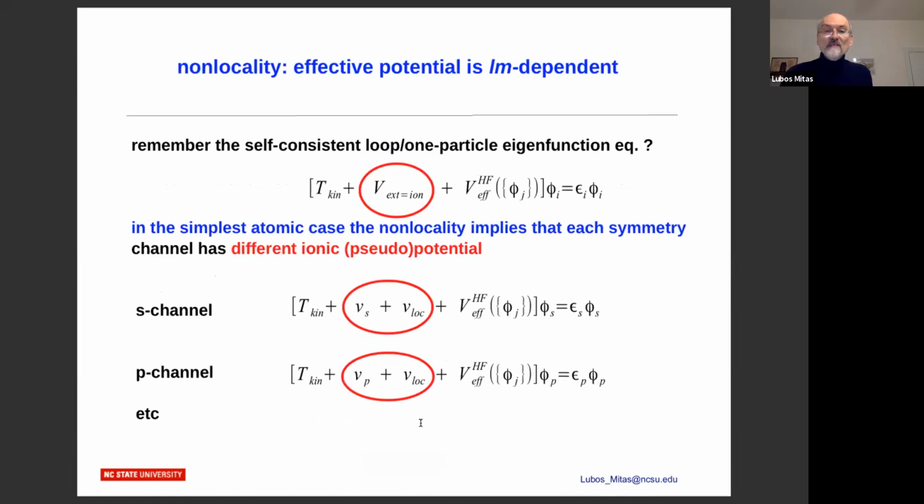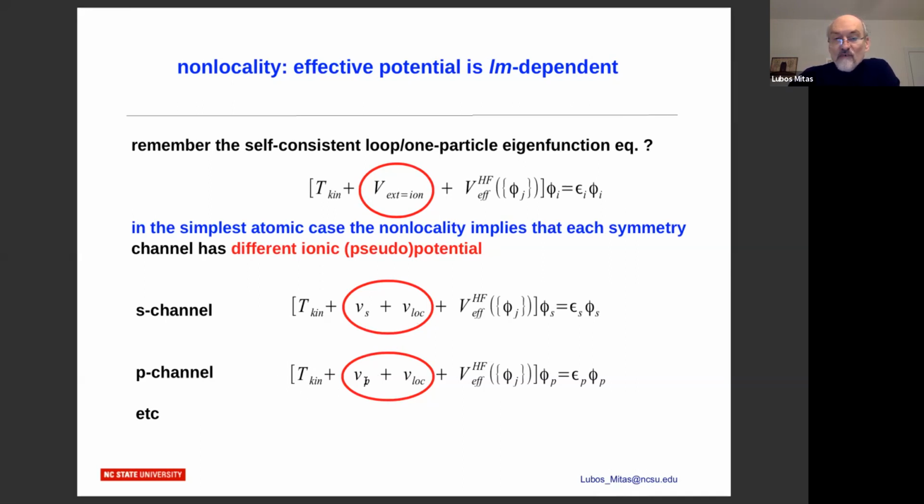Okay, so what is the non-locality? Let's recall the one particle effective equation for the DFT or Hartree-Fock. So in some sense, here is the external potential in this red ellipse, which would nominally be minus Z over R. But in the case of pseudopotentials, it is replaced by these: for the S channel, there would be V_S plus V local.